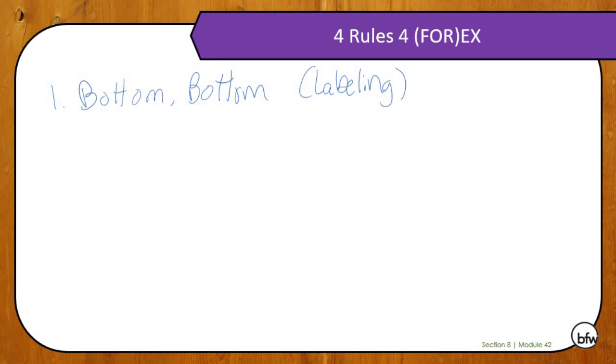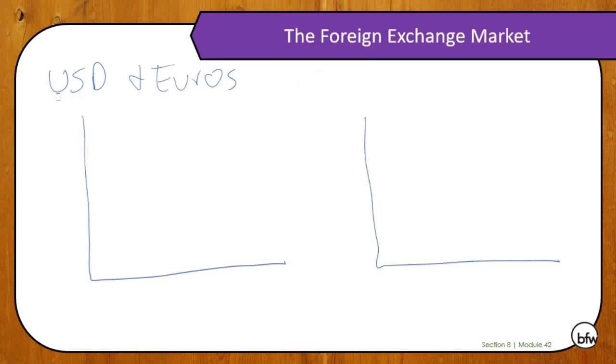So if we're comparing US dollars to euros here, we are going to put on our y-axis, remember, on a supply and demand graph, that's going to be our price. So we're trying to look at the price for something. So to help you keep your labeling straight on this, your US dollar per euro, let's say that, because we're comparing those two here, the currency that's on the bottom is going to go on the bottom on the x-axis here.